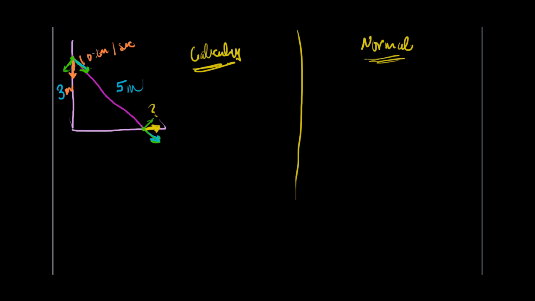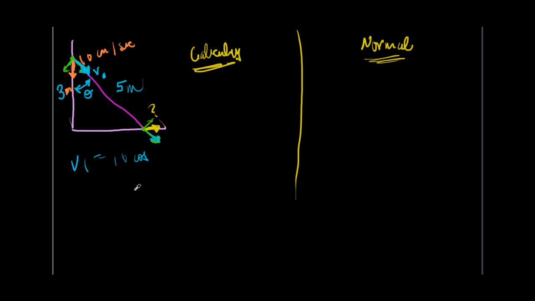So what is the component in this direction? Well, if this angle is, let's say, theta, then this velocity, which I'll call v1, will be equal to 10 cosine of theta, right?